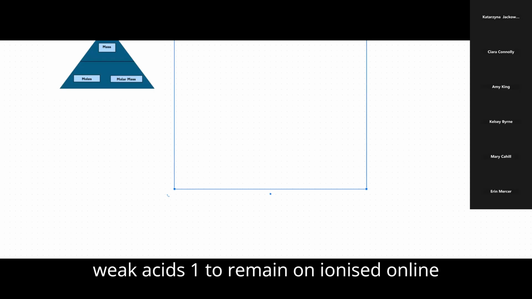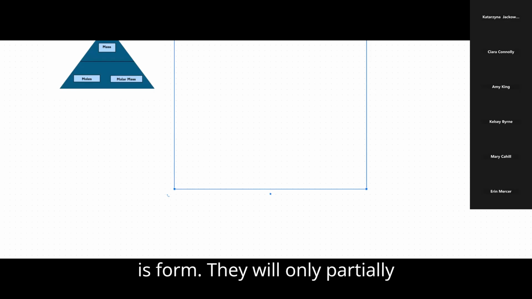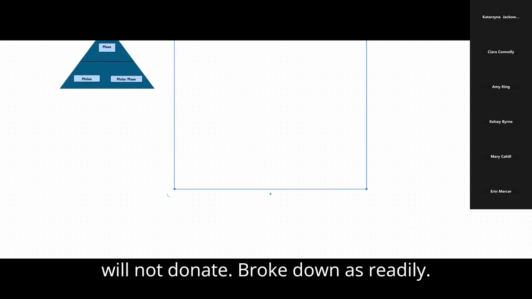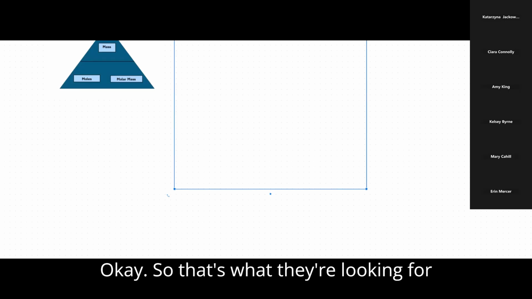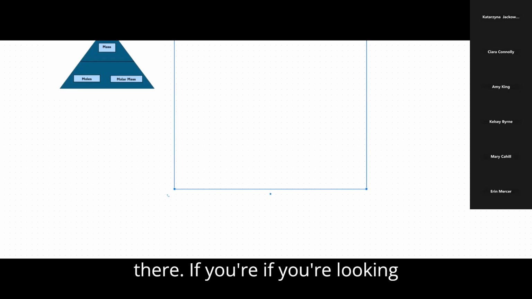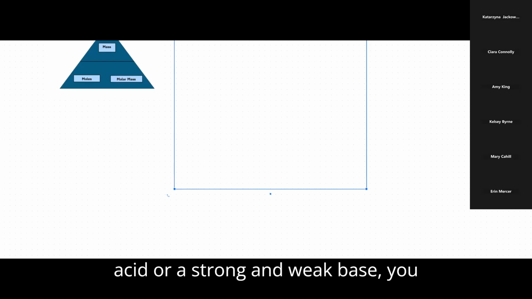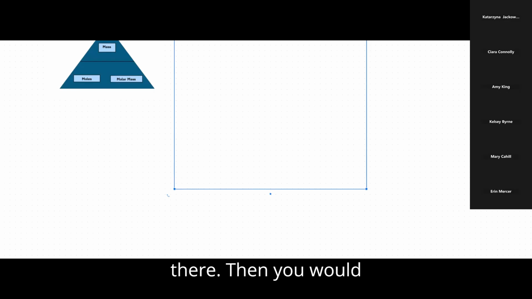Weak acids want to remain in unionized form. They will only partially dissociate into their ions and therefore will not donate a proton as readily. So that's what they're looking for there. If you're looking at the difference between a strong and a weak acid or a strong and a weak base, you should be thinking about dissociation there.